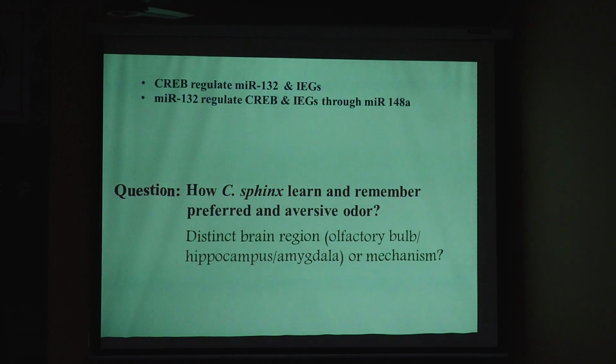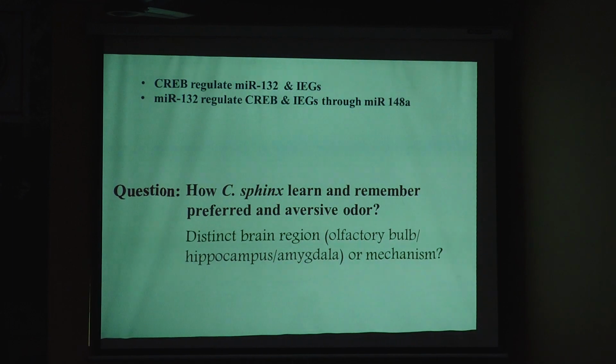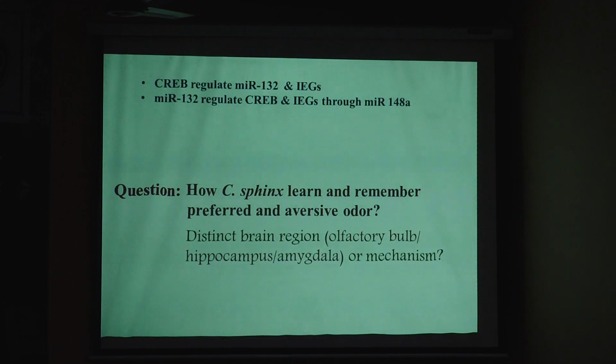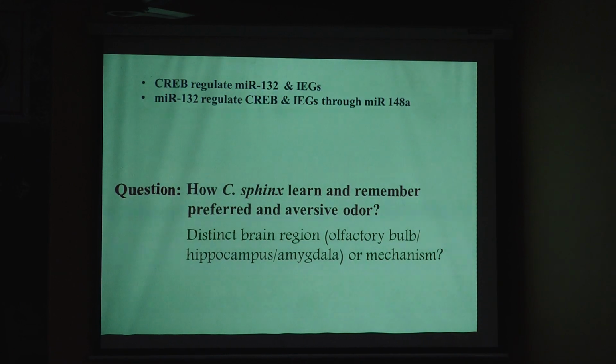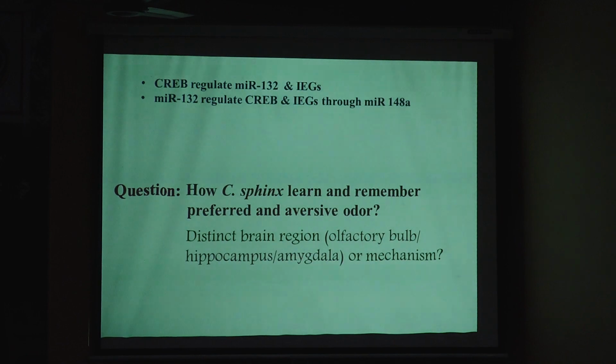So to test the specific function with a preferred odor and an aversive odor, we know that we have a preference for cinnamon odor, and the aversive one is citron, like an extract from a lemon, which they don't like.